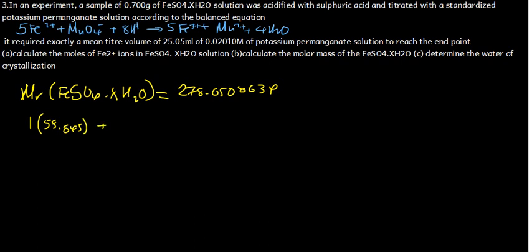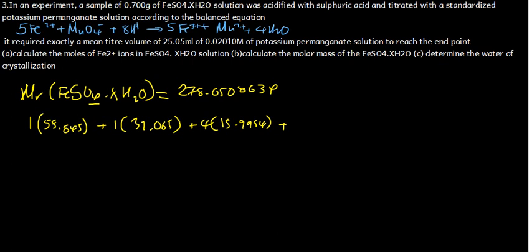And then we've got one sulfur. The molar mass on the periodic table for sulfur is 32.065. And then we've got 4 oxygens, with molar mass for each oxygen 15.9994. And then plus, now these two, we are going to find them together and then multiply by x.